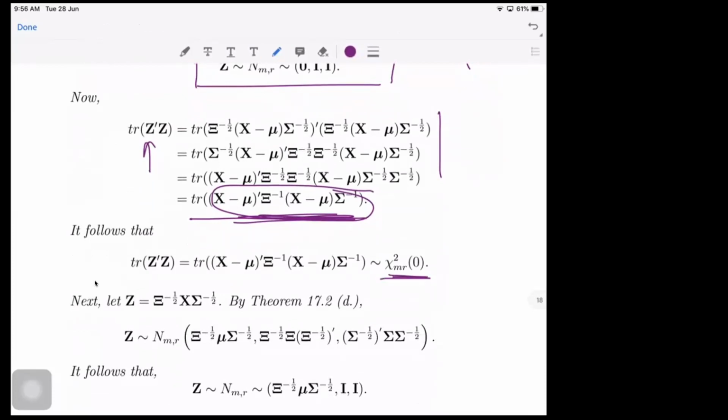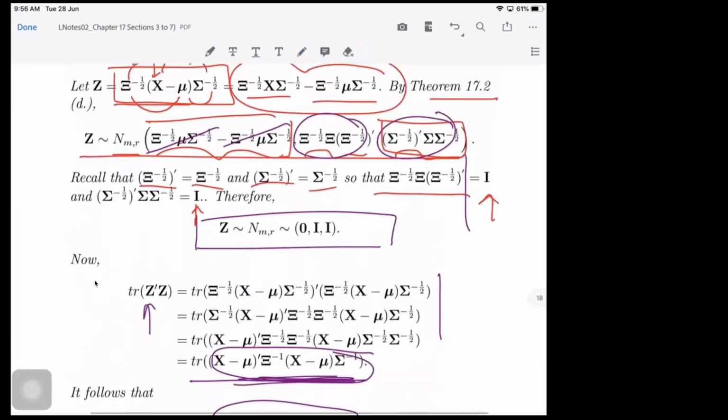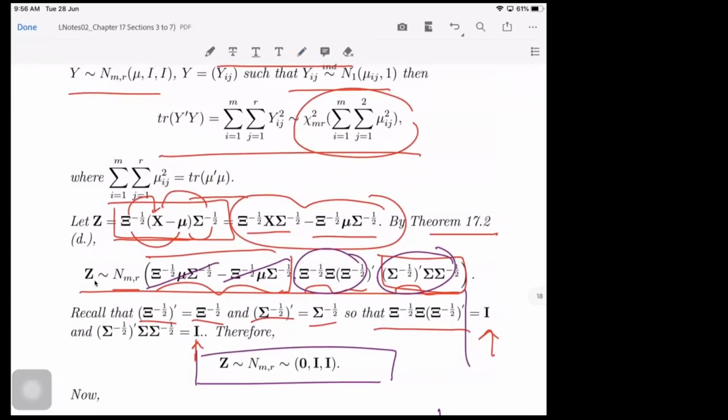So the same thing, if we define our Z to be this, the only difference is that this is our Z for this form.